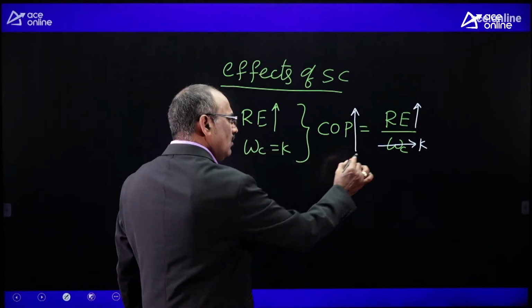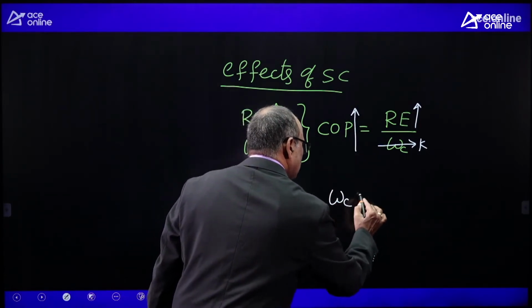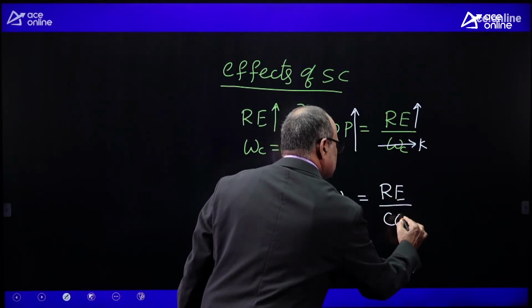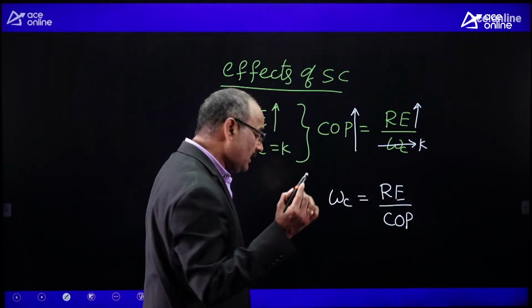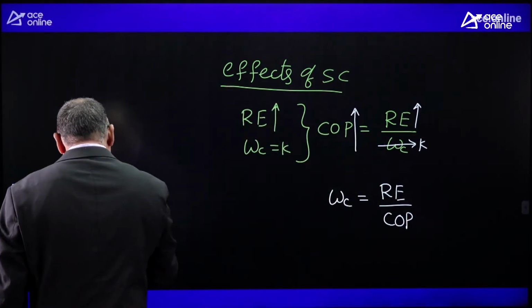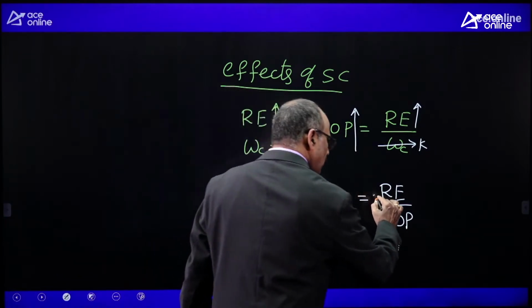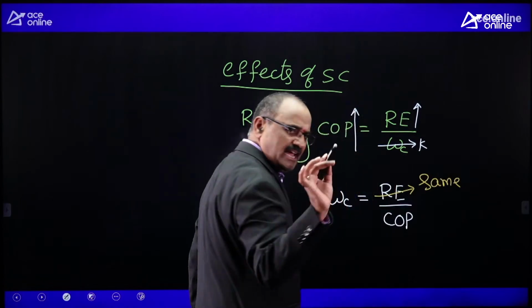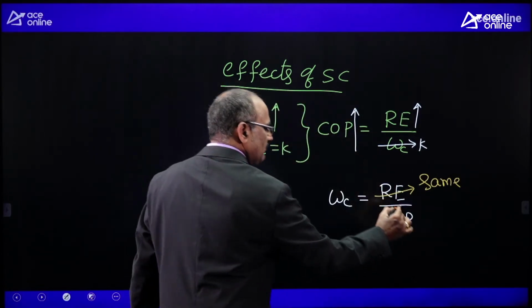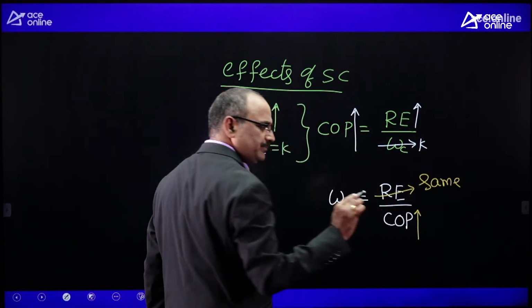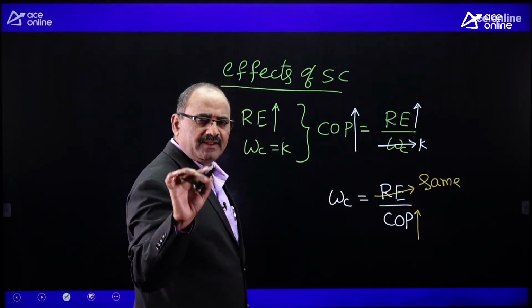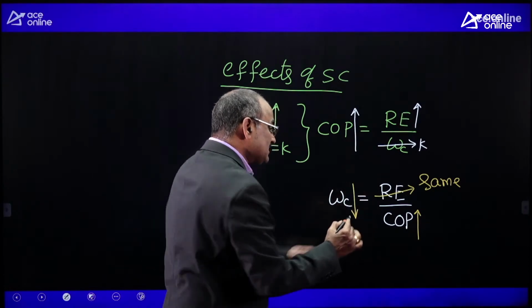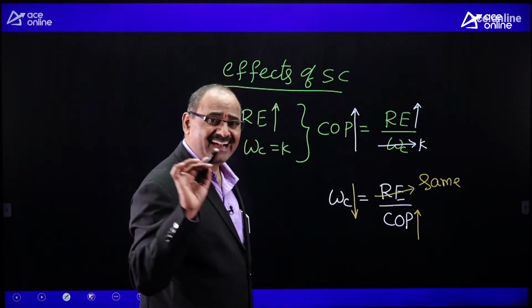Then what about the work required for the system? Work required for the system is equal to refrigeration effect divided by COP. If I want to maintain the same refrigeration effect, since the COP of vapor compression refrigeration system with subcooling is more, the work required for the same refrigeration effect can be reduced.